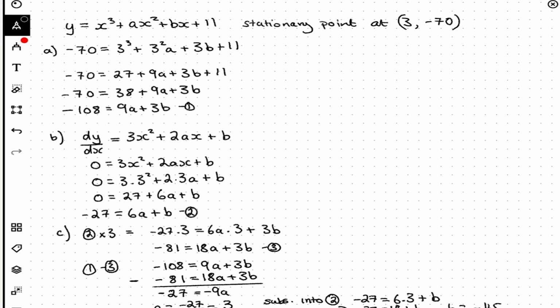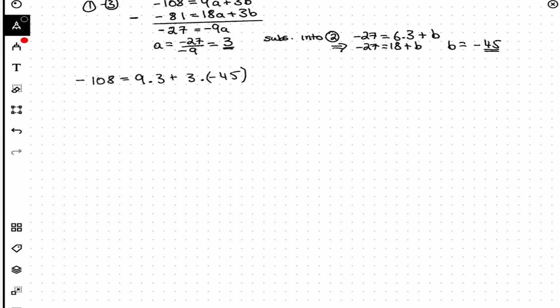And I can check these answers and make sure I'm correct by substituting these back into equation 1. Notice that I put the minus 45 into brackets here. I like doing that with negative numbers. It helps me to not make a mistake here, or it minimizes my mistakes.